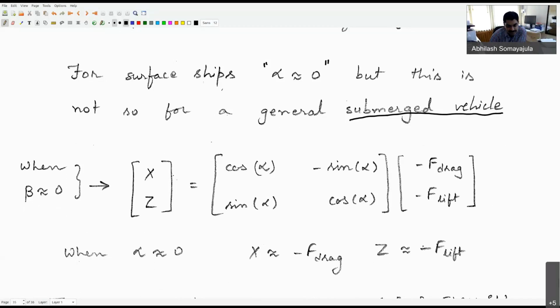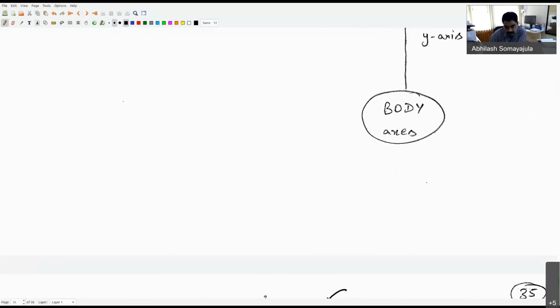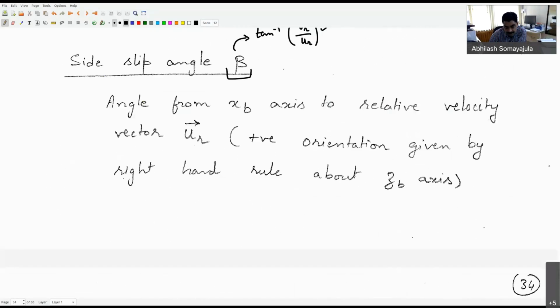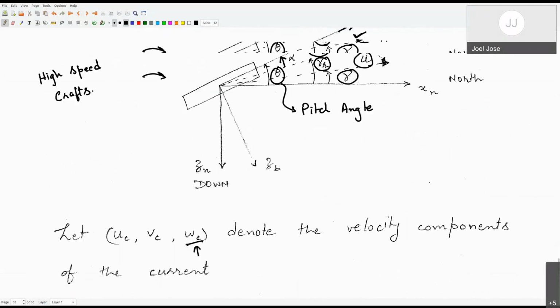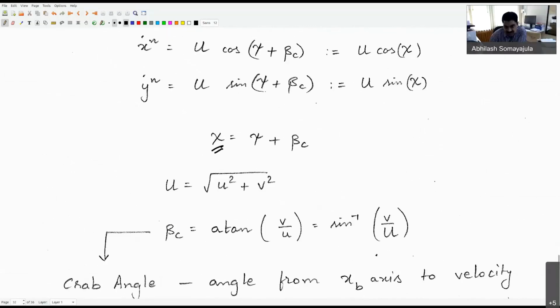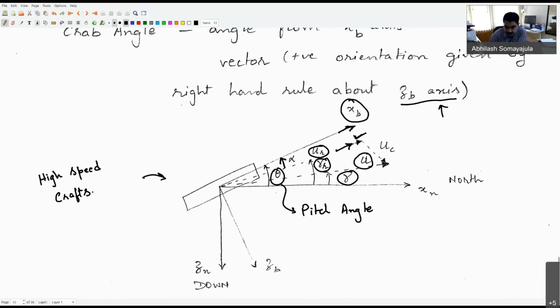Yes. Now can someone tell me why I have these minus signs here? The force directions are opposite to the... So let me go back to the picture here. Correct. So when I have this flow, the relative flow coming into the picture, I will have the lift acting in which direction?